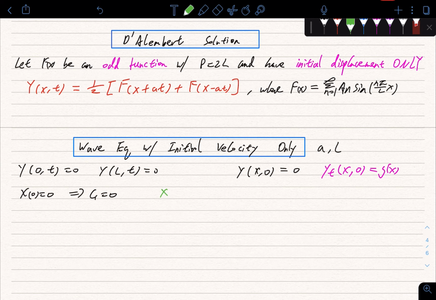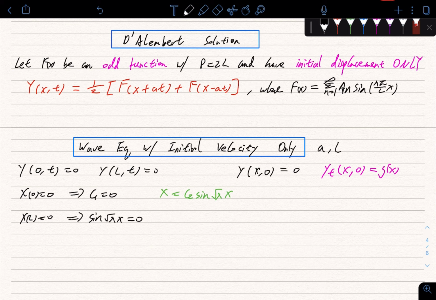X then will become c2 sine of square root of lambda x, and X(L) equals 0. So that gives us sine of square root of lambda L equals 0, because we cannot let c2 be 0 again.